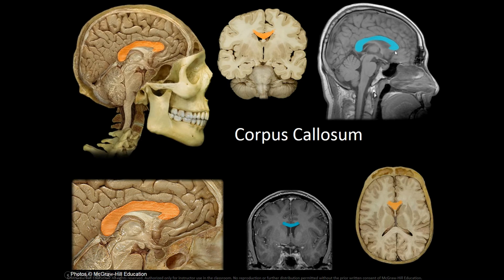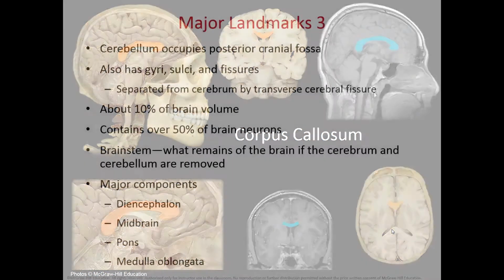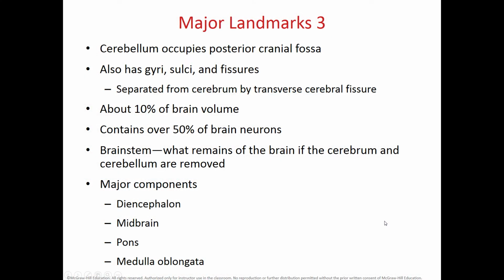You can see an MRI view of this structure in here and in here. And this is the superior view with a cross section, so you can see how the corpus callosum connects the two hemispheres of the cerebrum.